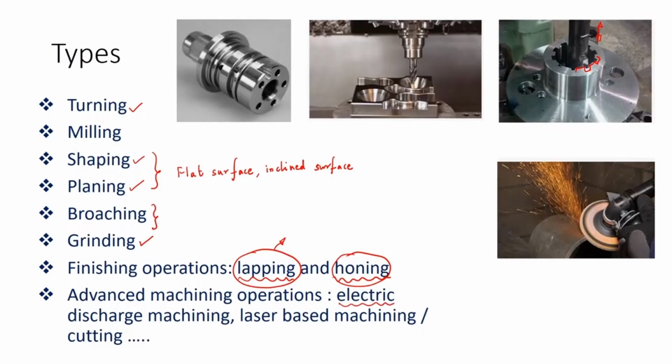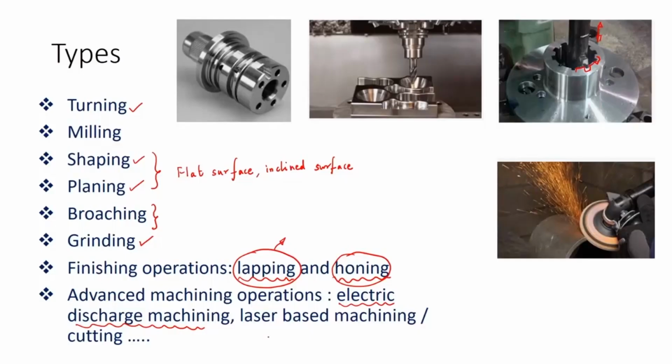So, in this scenario we use electrical energy to remove the work material and to get the required size and shape or to cut the work part. Another example of a thermal based advanced machining process is laser. Here we are using photon energy to generate heat energy, and that heat energy is utilized to cut or machine the material.